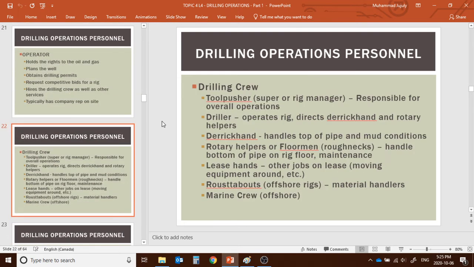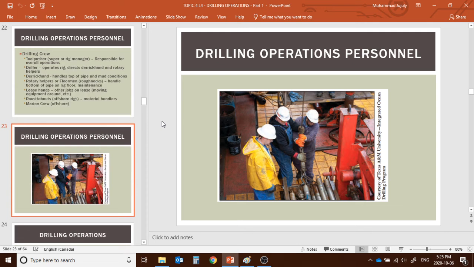So for the drilling crews, we have different types of drilling personnel, like tool pushers, drillers, derrick hand, lease hand, roustabouts. We have different types of drilling teams, and they have to be very, very experienced, since it's a very important task, and it's also very dangerous work sometimes.